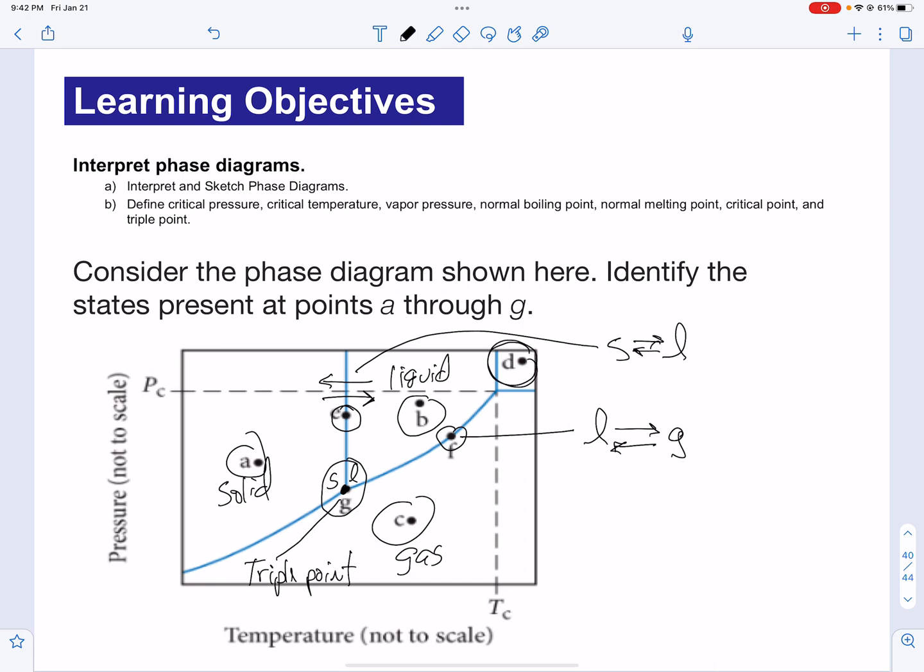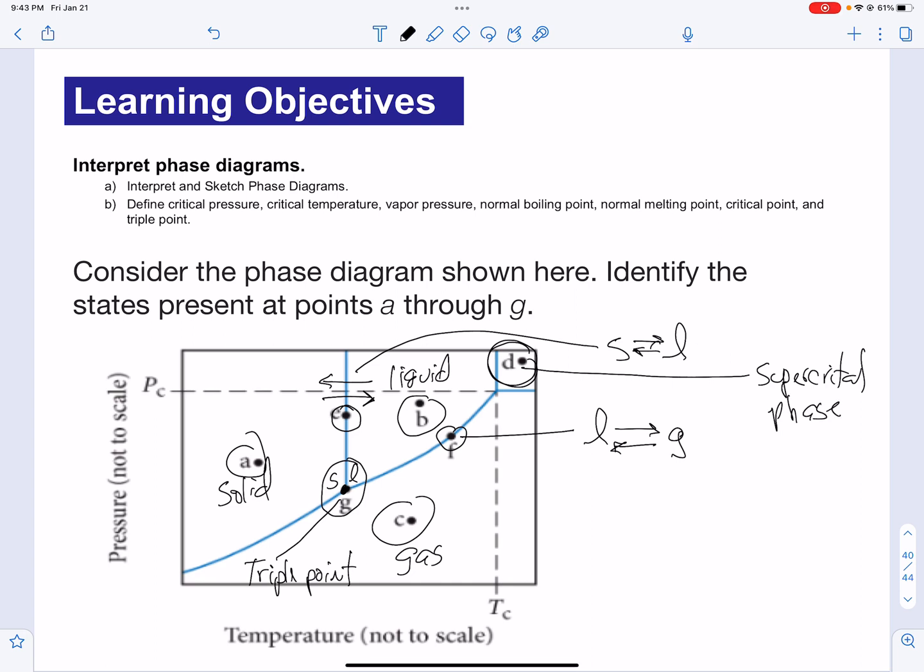And then on D, what we have is weird. On D, the temperature is so high that it doesn't matter how much pressure you put, you're not going to take the gas and make it into a liquid. So we call that the supercritical phase.